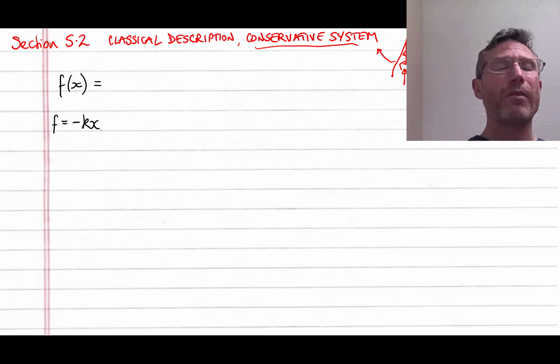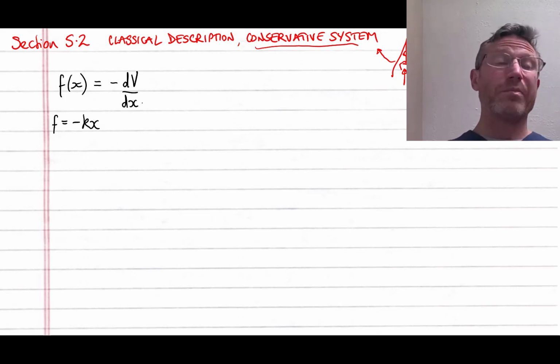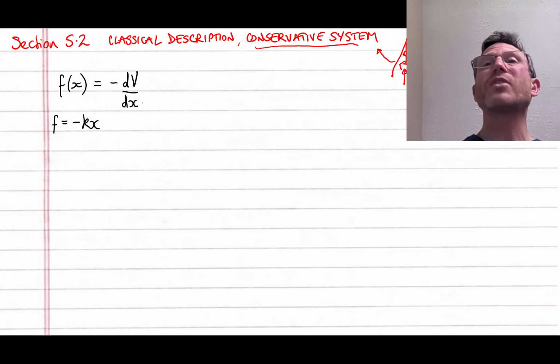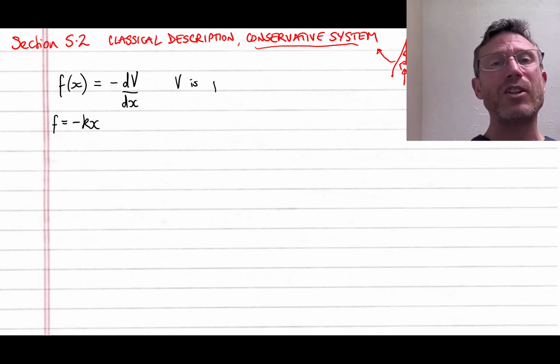But looking at this from a perspective of classical physics, the force is equal to minus dV/dx. V is the potential, and of course potential is equal to force times distance if we think about that in the simplest physics terms. So let's make sure we make a note of that. V is the potential.